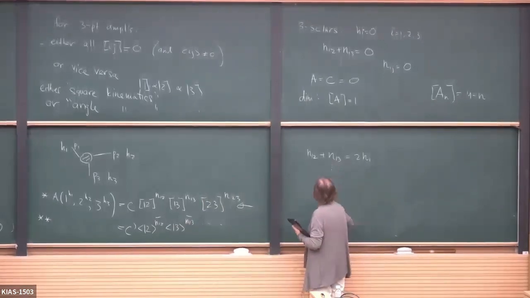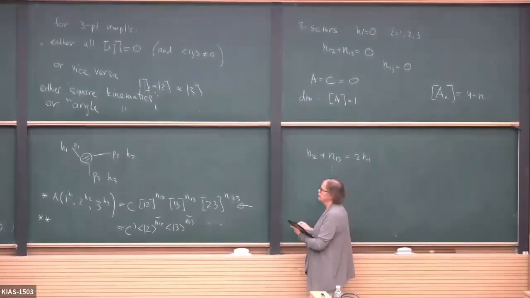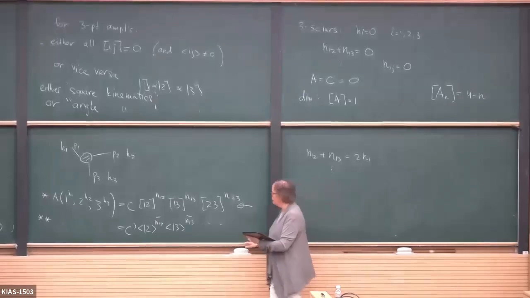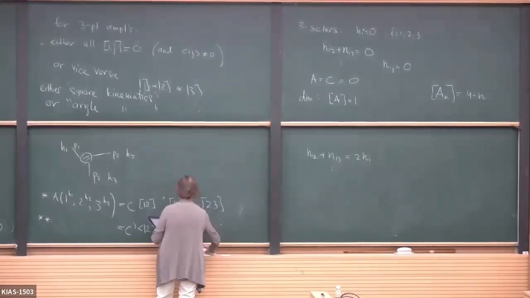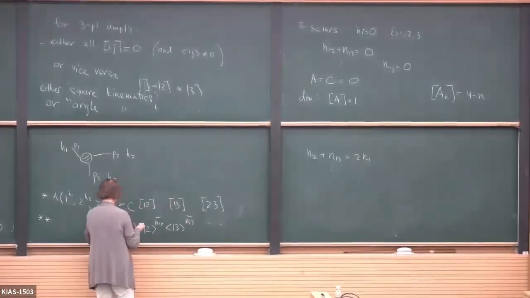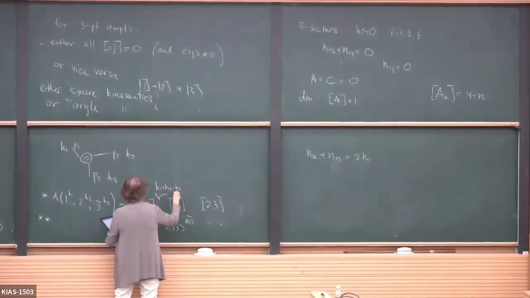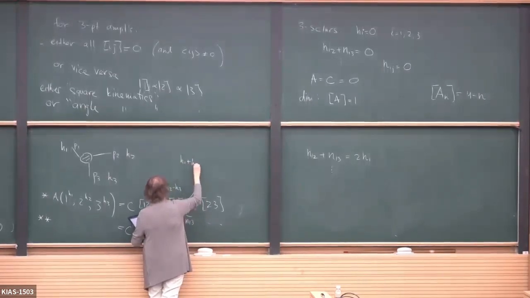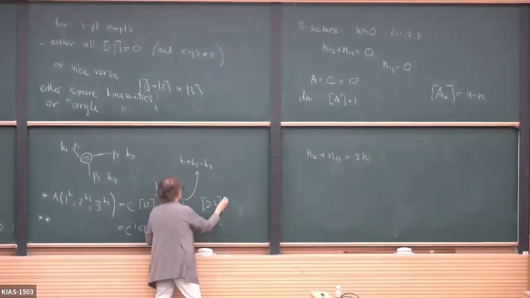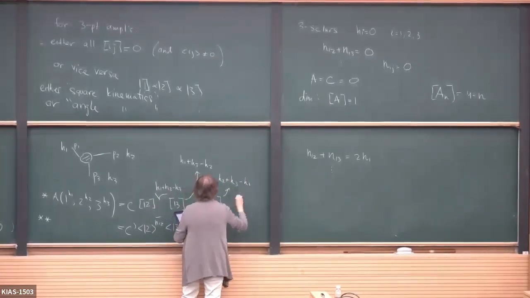And similarly, you can write the equations for the other form. It's exactly the same, and we get the end result. Let me just write it here. What we find is that here we have h1 plus h2 minus h3. Here, this power is the permutation of that, h1 plus h3 minus h2. And this one is h2 plus h3 minus h1.